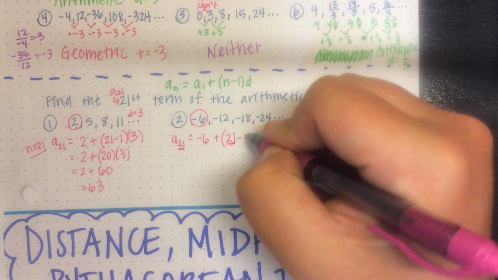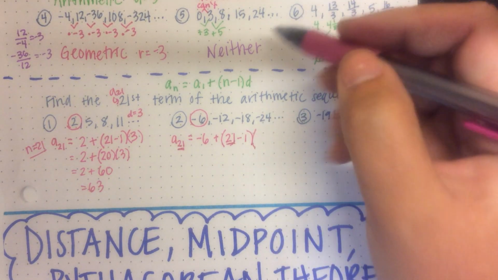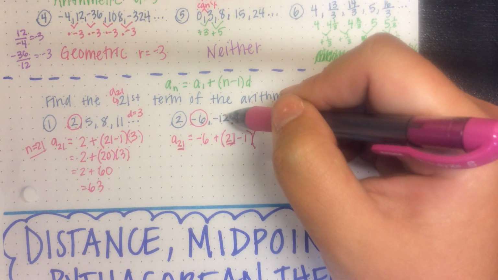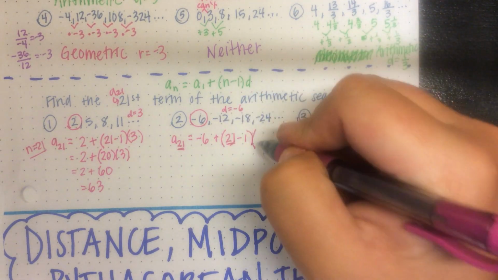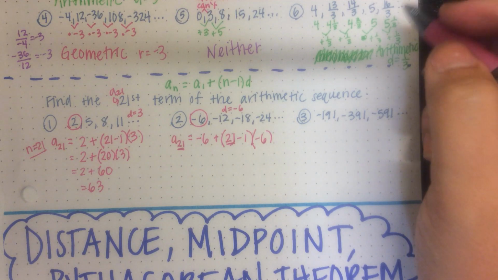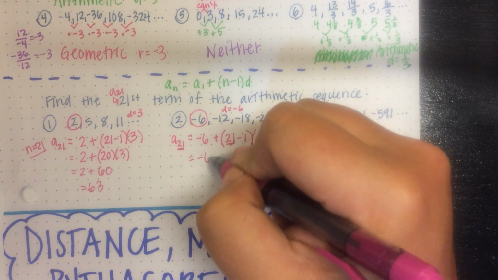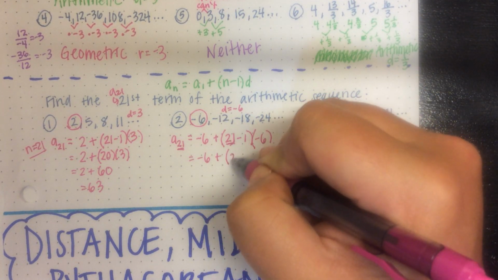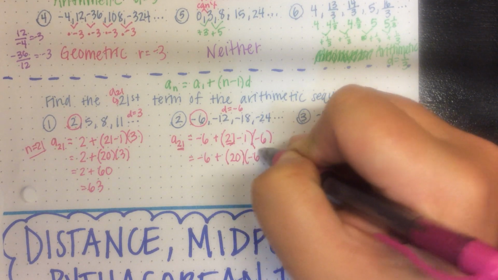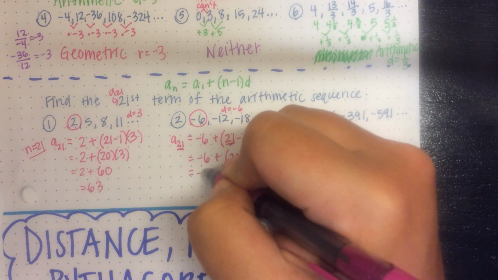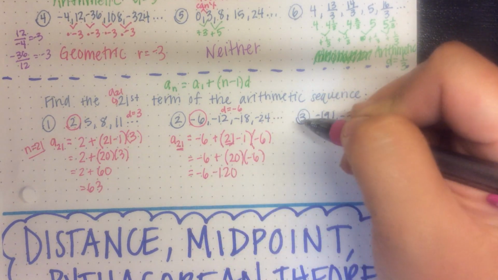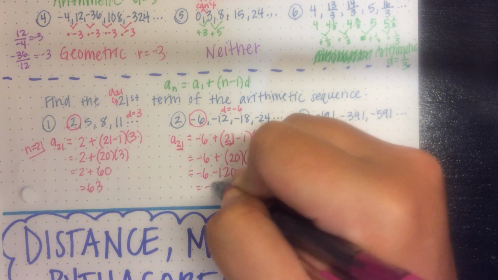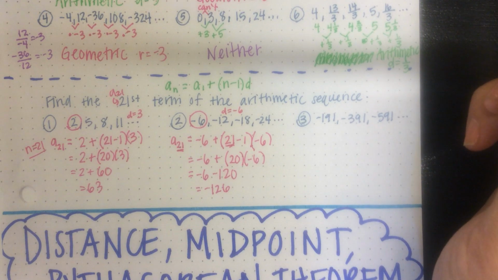Then 21 minus 1, and then my common difference, to go from negative 6 to negative 12, I'm subtracting 6. So I'm going to have a negative 6. Again, 21 minus 1 is 20, times negative 6. 20 times negative 6 is negative 120, and then negative 6 minus 120 is negative 126.